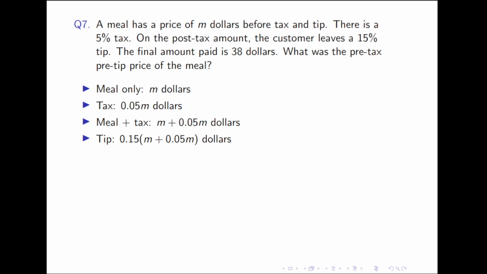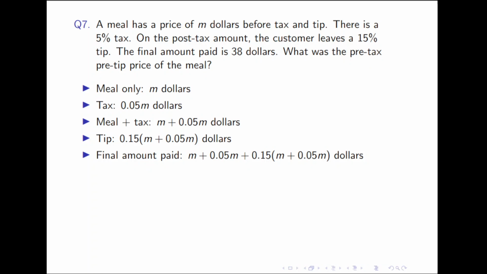The tip is 15% of the post-tax amount, which is 0.15 times the line above, M plus 0.05M, in parentheses due to order of operations. The final amount paid is meal, the tax, and the tip. The meal was M, the tax was 0.05M, the tip was 0.15 times M plus 0.05M.